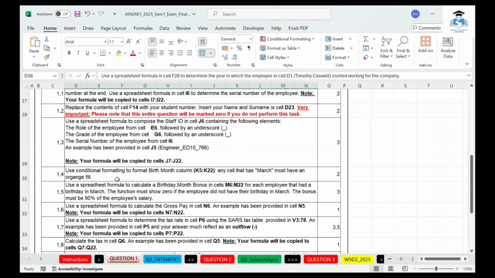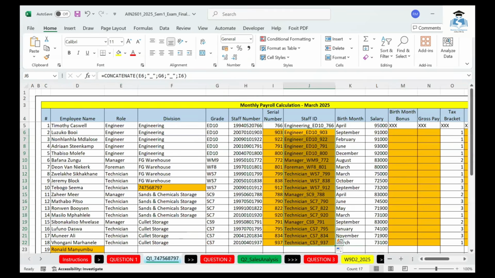Now it says use conditional formatting to format birth month column K5 to K22. Any cell that has March must have an orange fill. So how do you do that from what we have learned?